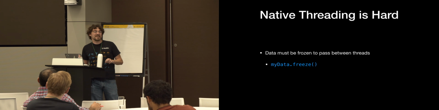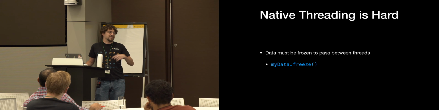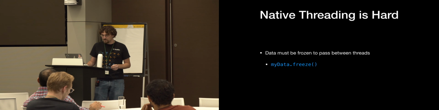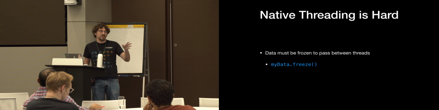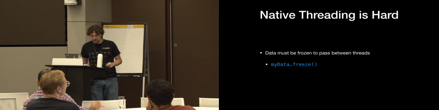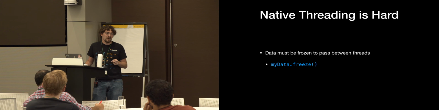So if you're not careful, you can accidentally freeze all of your state that happens to be referenced from something that you froze, and then the next time you try to touch it, you get an exception that says this is frozen, you can't change it. All of this is runtime enforced, because at compile time you don't know exactly what's been frozen. So it can make doing multi-threaded things in Kotlin Native a little difficult.